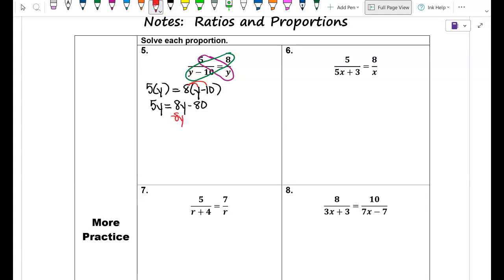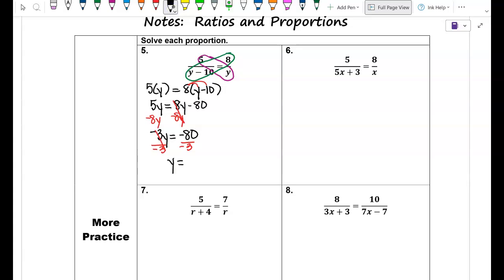Subtract the 8y from both sides. Negative 3y equals negative 80. Divide both sides by negative 3.